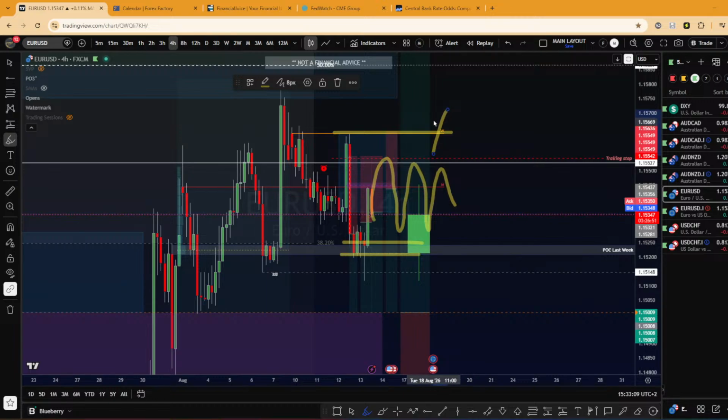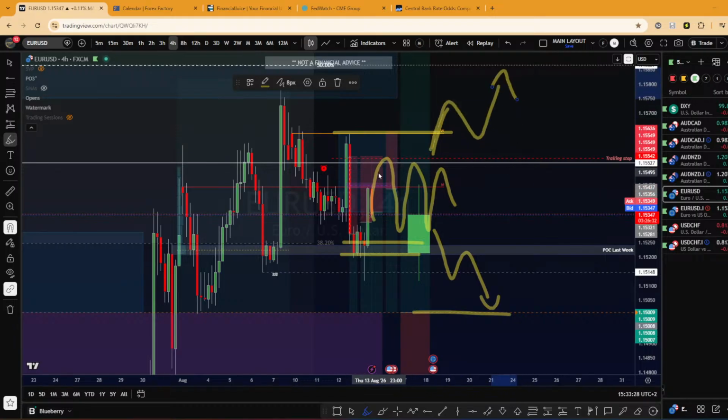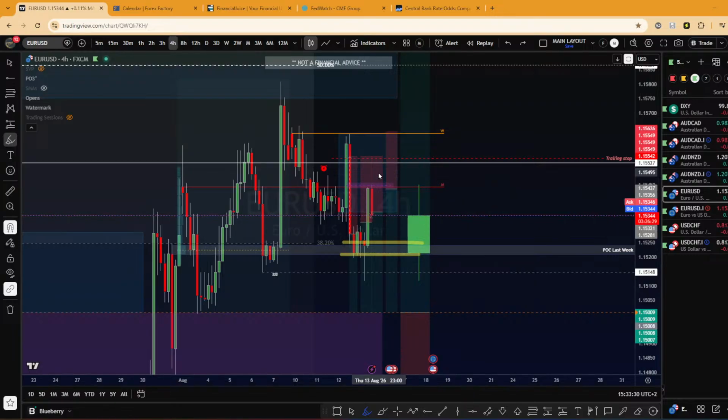Once we break either side of this range, I think we could potentially see continuation to the downside, at least toward here. And if we break above, we will continue to the upside. So this is the range right now.